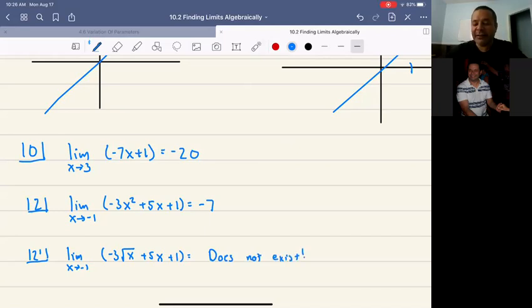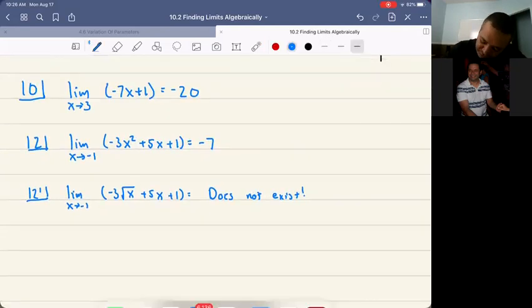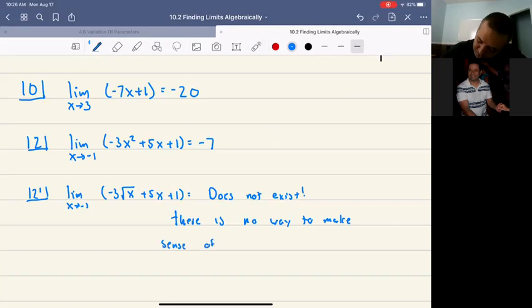It does not exist because the square root function is not defined at negative 1. There's no way to make sense of this, even near negative 1. So this limit does not exist.